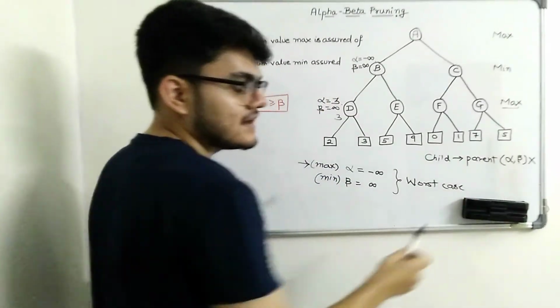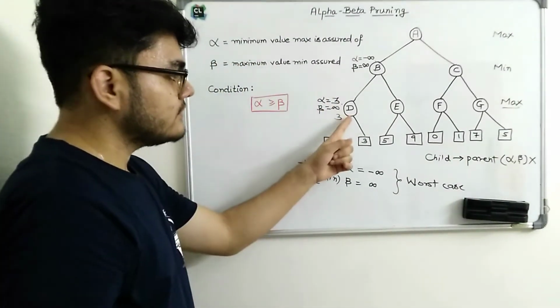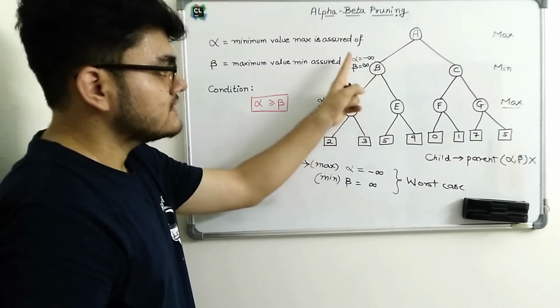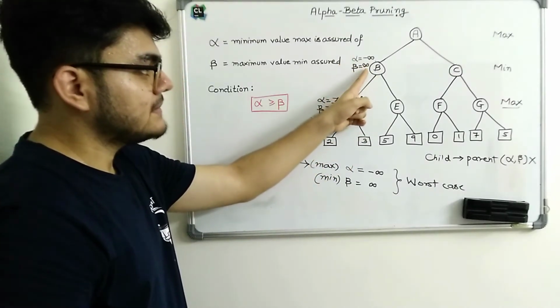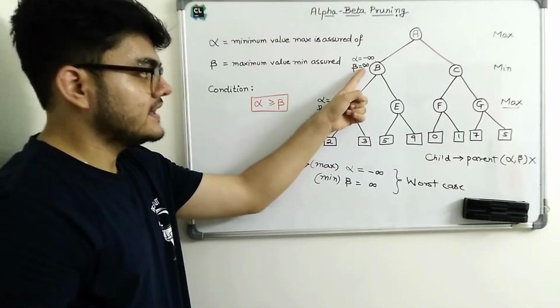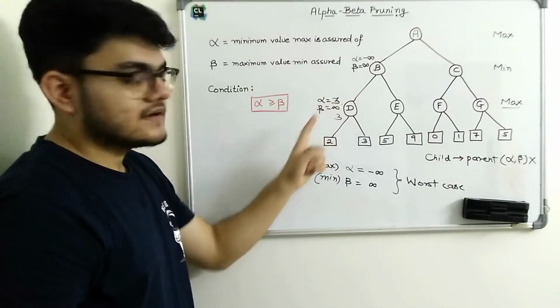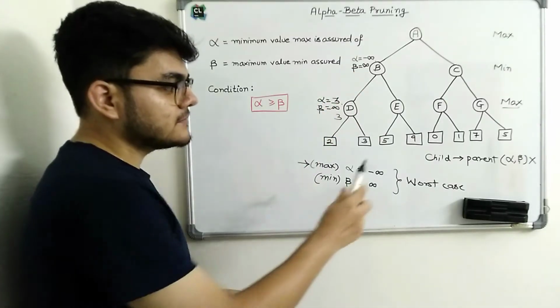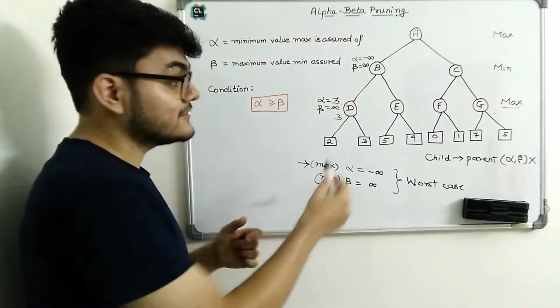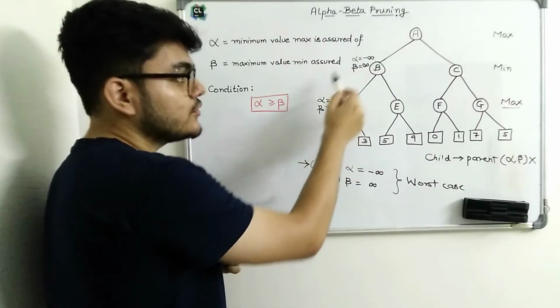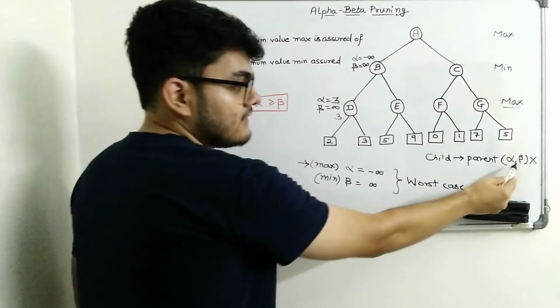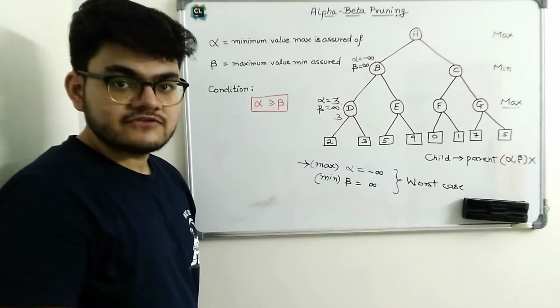So when you move from D to B, the values of alpha and beta will remain minus infinity and infinity, and not 3 and infinity, right? So when the algorithm is moving from the child node to the parent node, the values of alpha and beta remain unchanged.